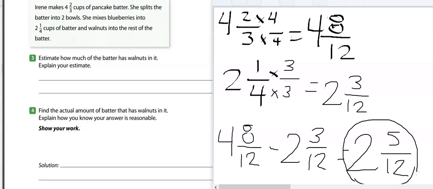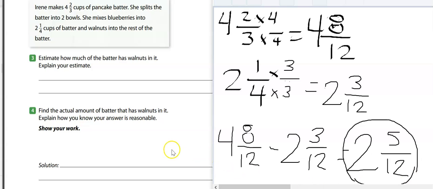Now we need to see if our answer is reasonable compared to our estimate. So we estimated that there will be 2 1/2 cups left for walnuts, and our answer was 2 5/12 cups. So our answer is reasonable based on our estimate, because 2 5/12 is close to 2 1/2.